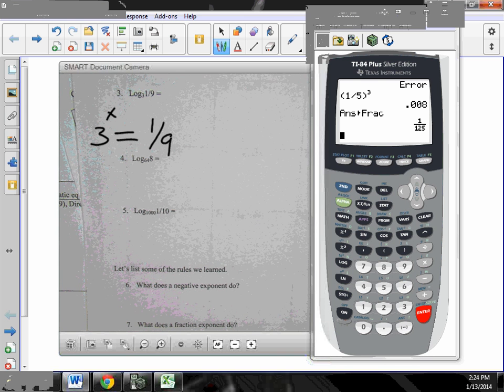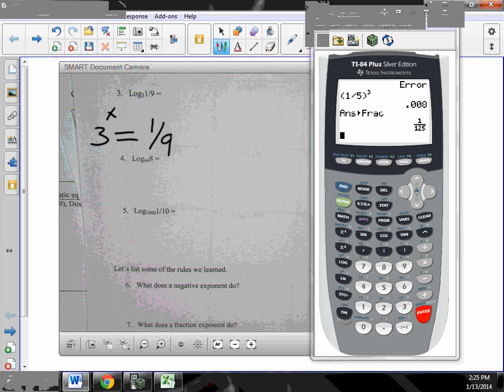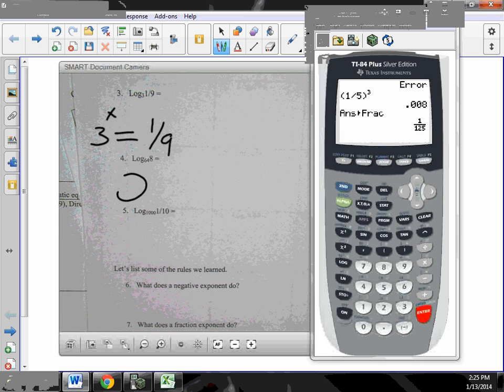Now, we started with a whole number and we ended with a fraction, so that's a little confusing. But the 3 turned into a 9, which is bigger. So it's a number bigger than 1. And what else happened? It flipped upside down, so 3 to what power is 9? 2, and it flipped upside down, negative 2.